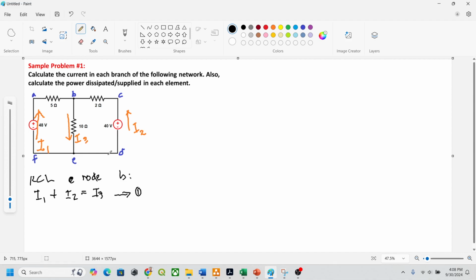All right. Now, since we need three equations because we have I1, I2, and I3 to solve, we need two KVL. So we start with KVL maybe here from corner F to A, then to B, then to E, back to F. So basically right here.